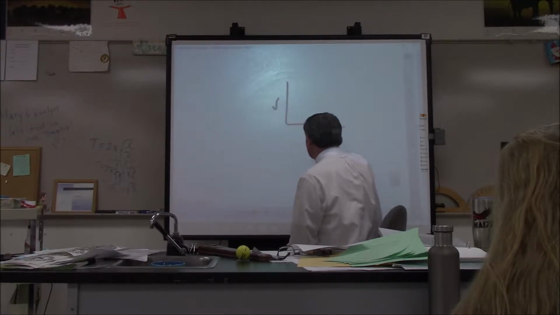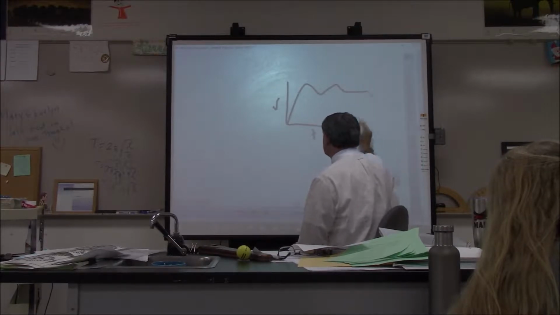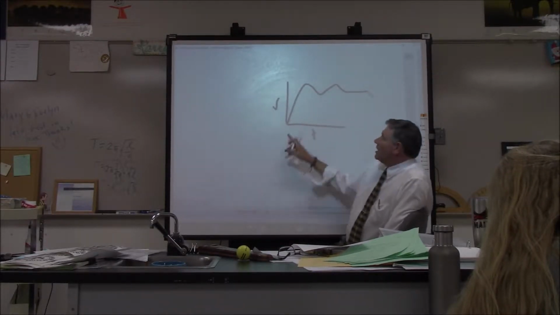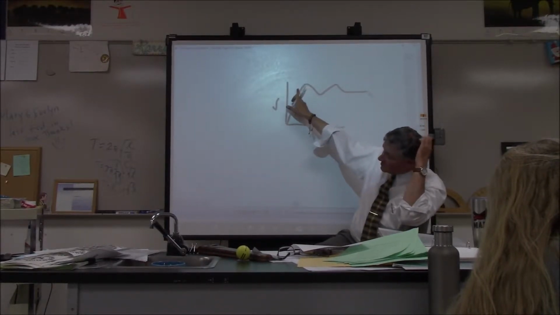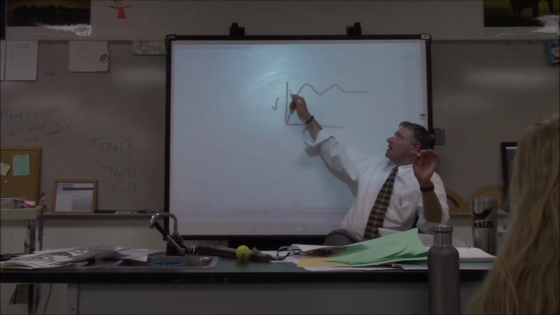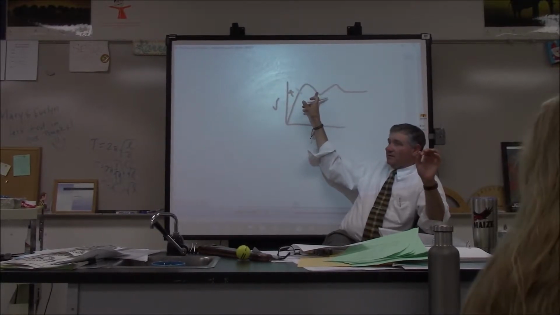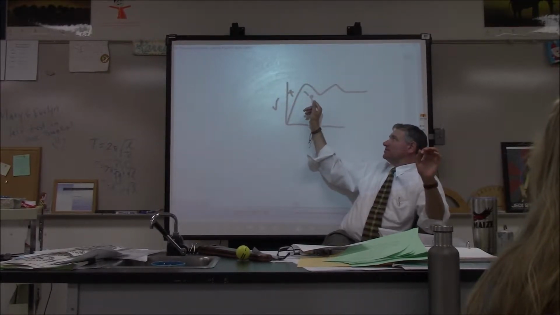Let's say here's your velocity time graph, and let's say it does something like this. Up to this point, what's the sign of my acceleration? Positive. Once it starts to go down here, I'm going to have negative acceleration.